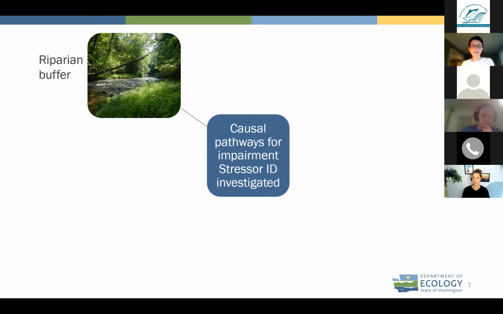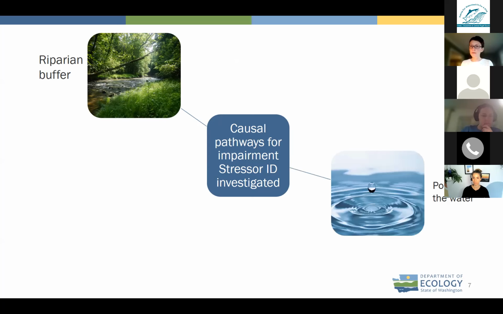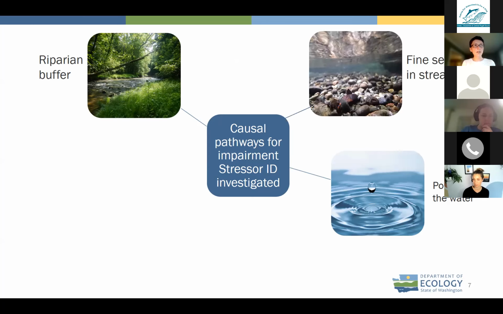Another question was, does the stream have clean water that is free of pollutants like metals, nutrients, but also temperature and dissolved oxygen concentrations? Another question is, is the gravel in the stream mostly free of fine sediment? If not, erosion that results in fine sediment can smother the invertebrates.